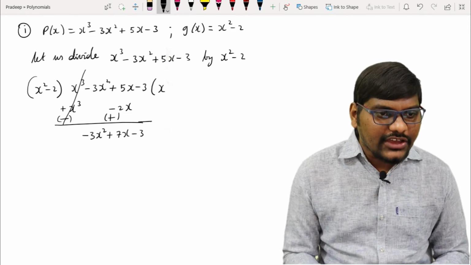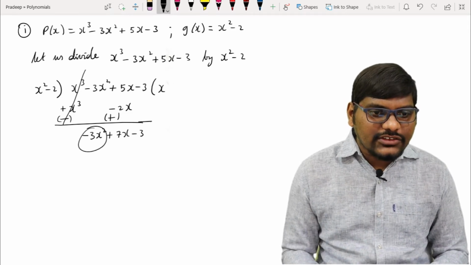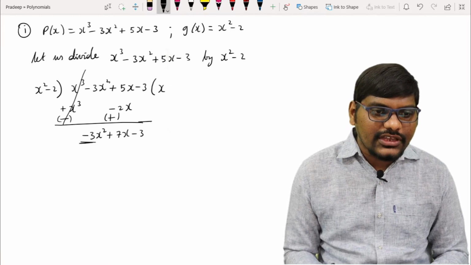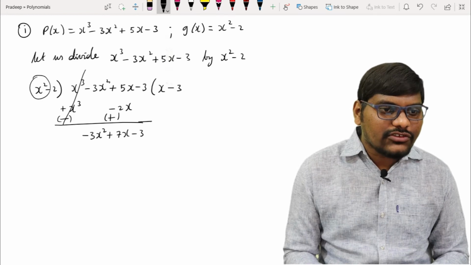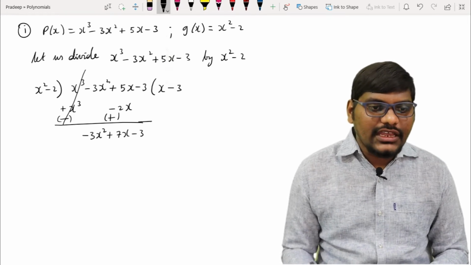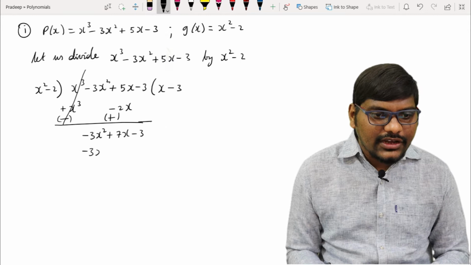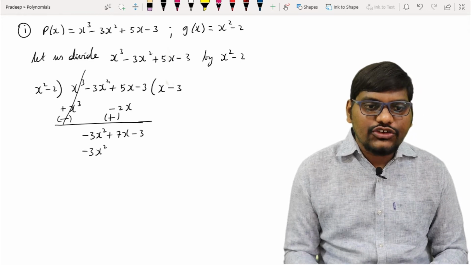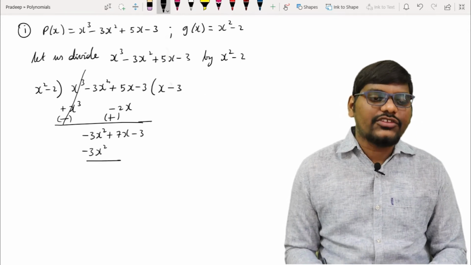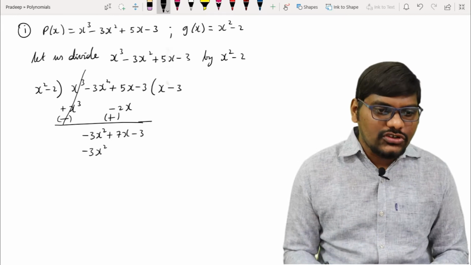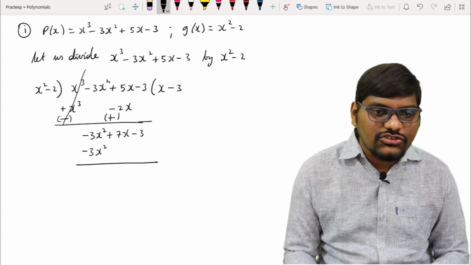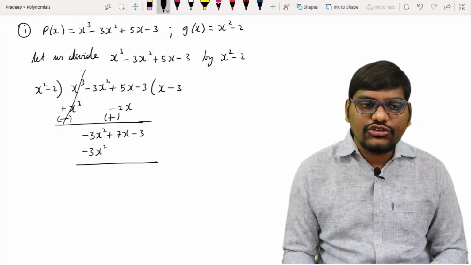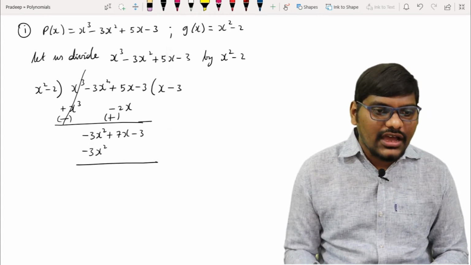Here is x square, here is also x square. The only thing missing is minus 3, so I'll write minus 3 here. If you multiply x square into minus 3, we get minus 3x square. In the same way we should write the second value also: minus 2 into minus 3, minus into minus is plus, and 2 threes are 6.